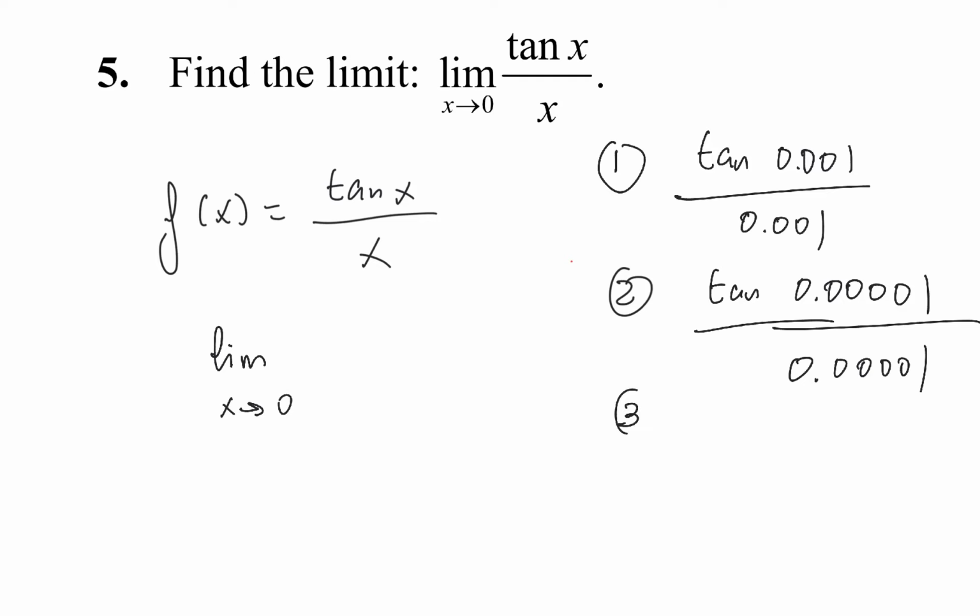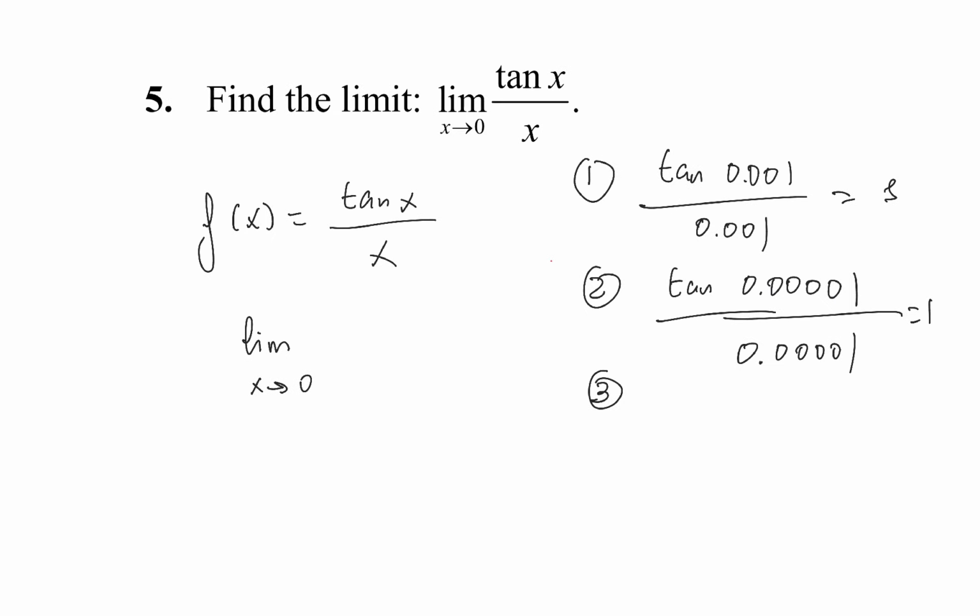If you do this in your calculator, approaching more to 0, you will see that this is 1. So the data will say that as you approach 0, the value of the limit will be 1.